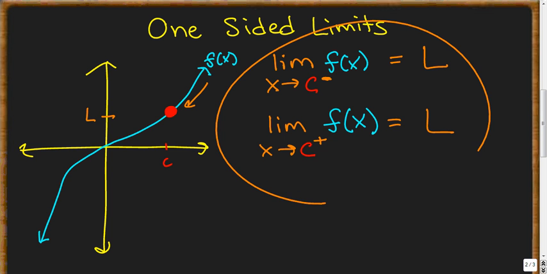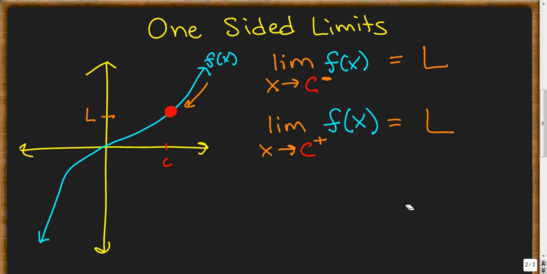Well, if these two things are true, then the limit as x approaches C of f of x, sorry about that, so the whole thing, not the one-sided limits up here, but the overall limit, so from both sides.